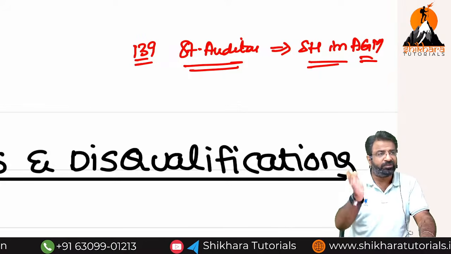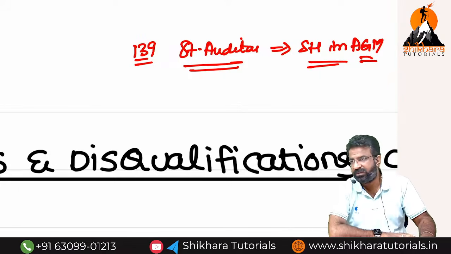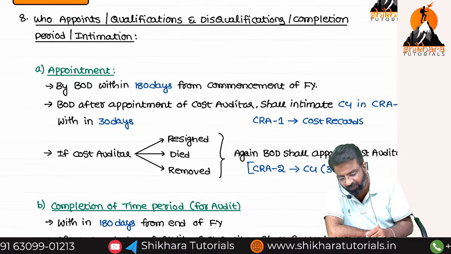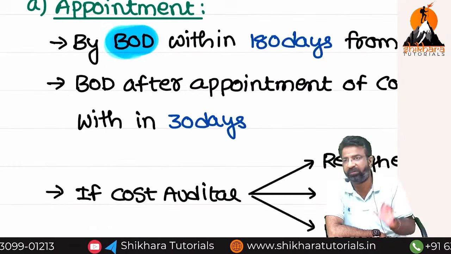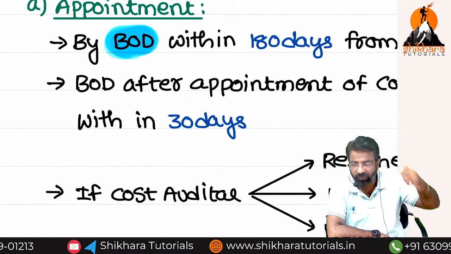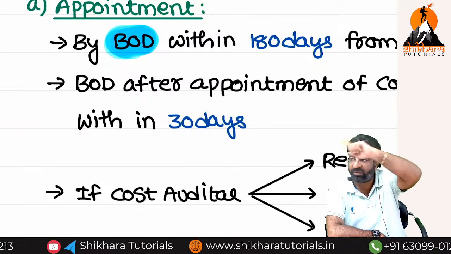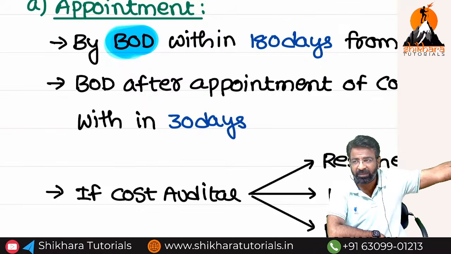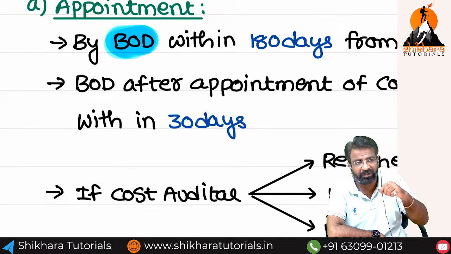But that is not at all the case in our case. In the case of cost audit, we are always and always appointed by whom? Board of directors. That makes one point which makes it different from the statutory. Statutory auditor is appointed by members in AGM and we are appointed by board of directors.